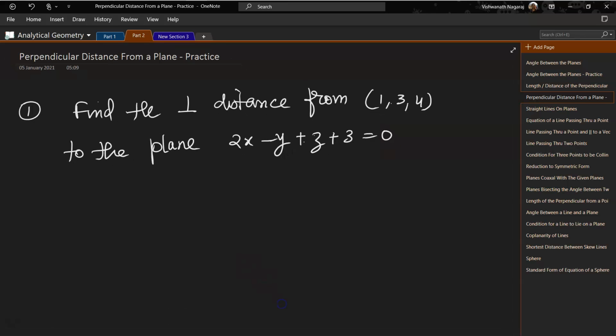So many of these problems are just substitution into a formula. So if you don't remember the formula, forget it.